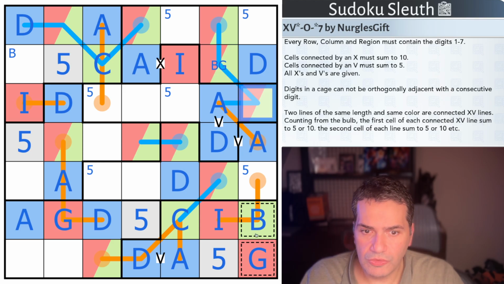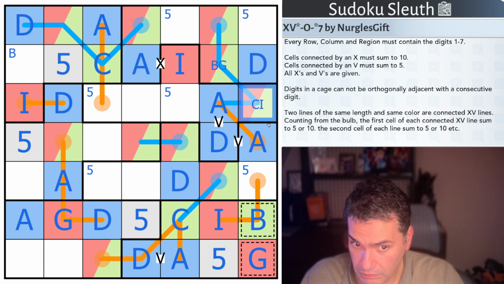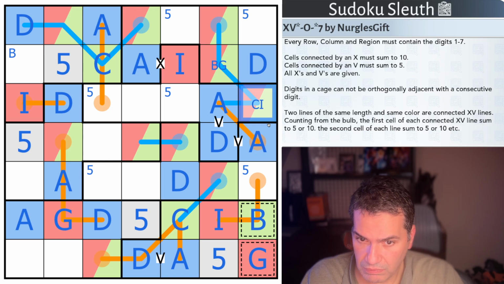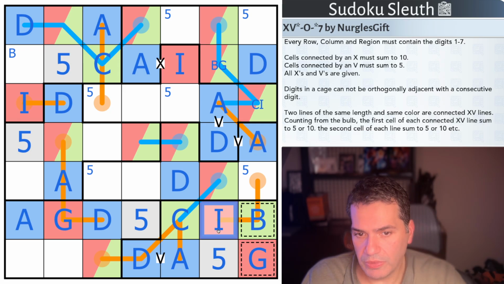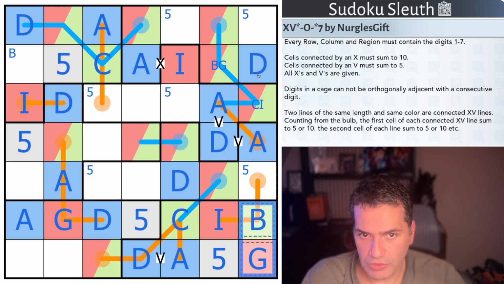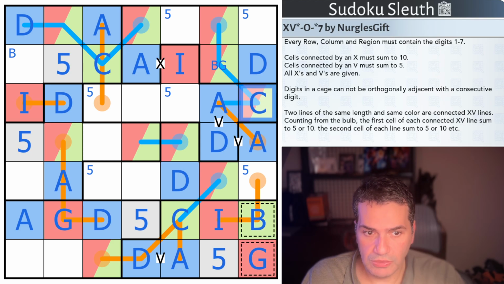This is not B or G. This is C or I. Yeah, blue and red only have one red. Green and red only have one red. And when you see B and G, that has to be C, and therefore this has to be green.